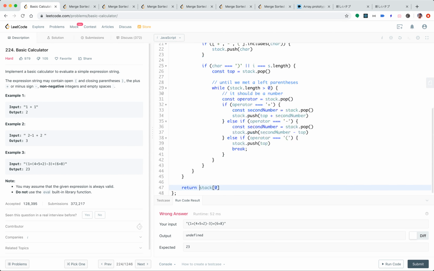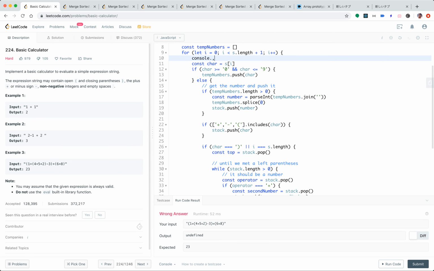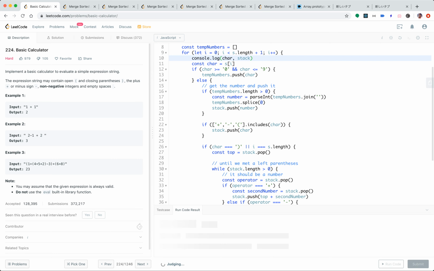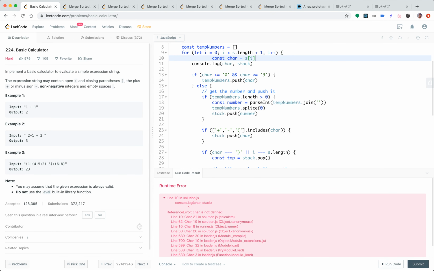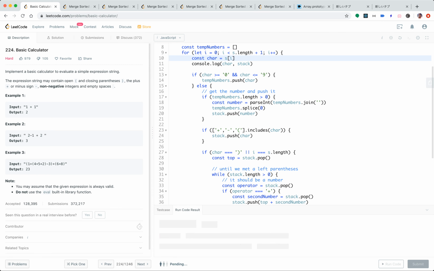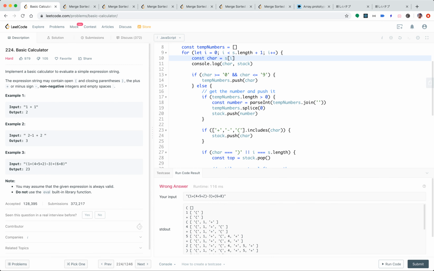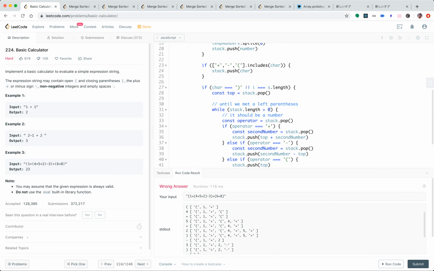We console log the stack. Okay, it's plus 5 4 2 because we got 2, so we got top.